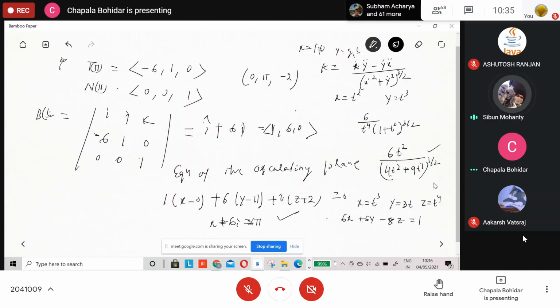Ma'am, we have to put x, y, z equal to t cubed, 3t and t to the power 4. By putting that, are you getting your answer? In the parallel plane equation equal to 1. So what is the value of t? What is the value of t you get here?